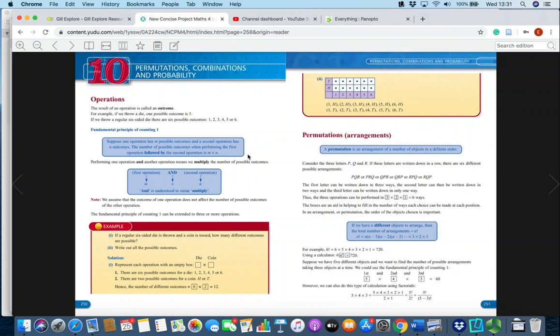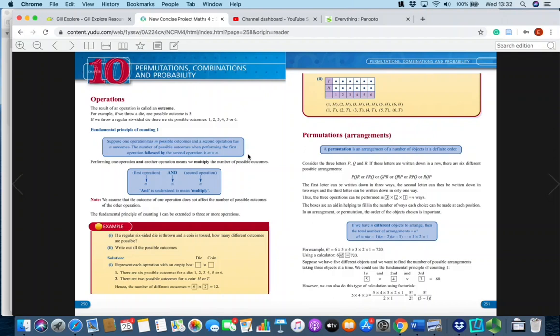Suppose one operation has m possible outcomes and a second operation has n outcomes, then the total number of possible outcomes is m multiplied by n. Slightly different definition to that is, suppose one event has m possible outcomes and another event has n possible outcomes, then the total number of outcomes is the product of the two, m by n.